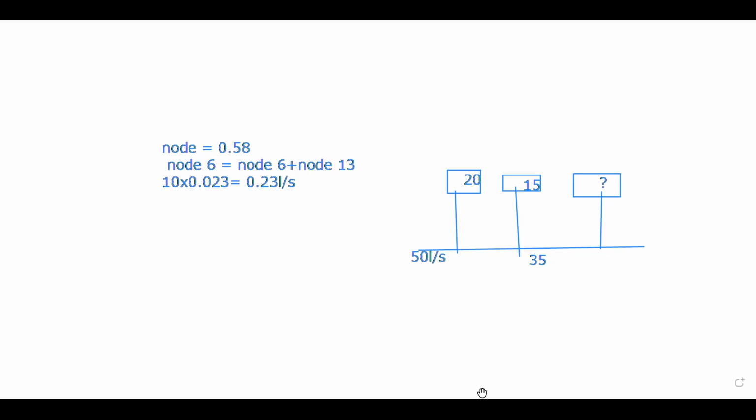The water demand for 6 will not be 0.3. Rather, it will be 0.23 servicing these 10 houses plus 0.58 servicing 35 houses. If you don't get this, you miss the whole thing. That's why I took my time.